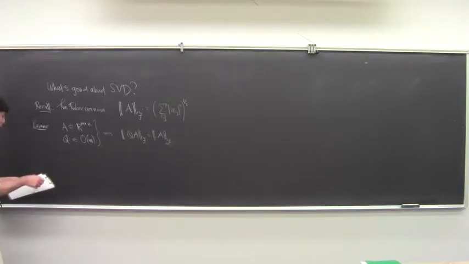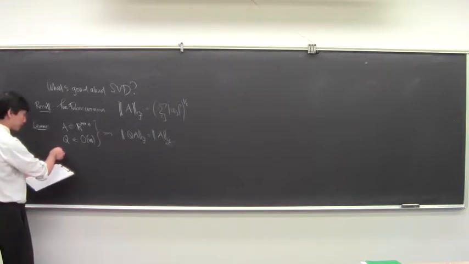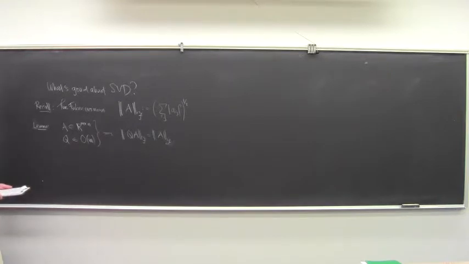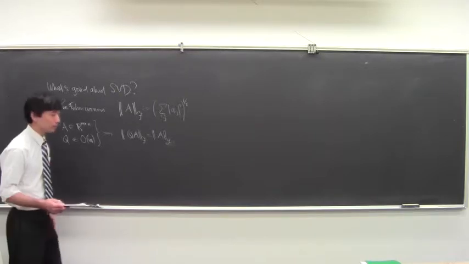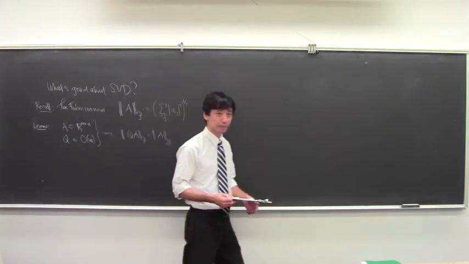The proof of this is pretty straightforward. Maybe I'll let you think about it for a minute. See if anyone can think of why this is true. Why doesn't anything change?